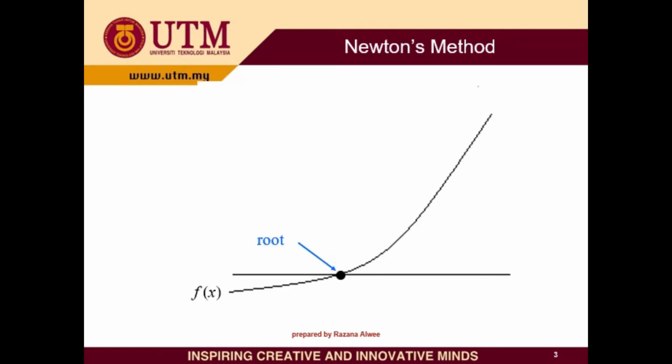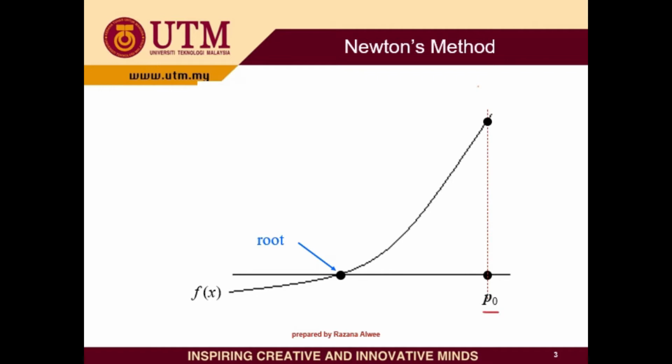How does Newton's method work with only one initial approximation? Before this, we always used two, right? P0 and P1, A and B. We must have two. But how can we use only one to find the root? Newton's method uses the tangent to find the next P. See here, this is our P0, the starting one.